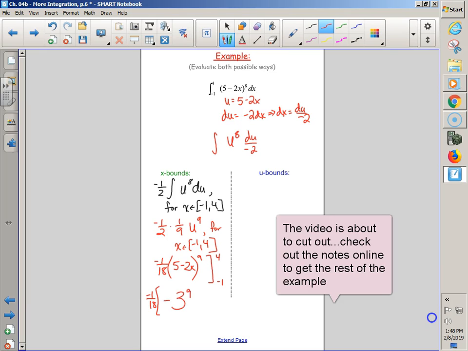And then I have minus, let's see, -2 times -1 is +2, 5 plus 2 is 7, and 7 to the 9th, so minus 7 to the 9th. I guess I could be really snazzy and pull out that negative and make it 1/18 times 3 to the 9th minus 7 to the 9th, but that's good enough for me. Done.